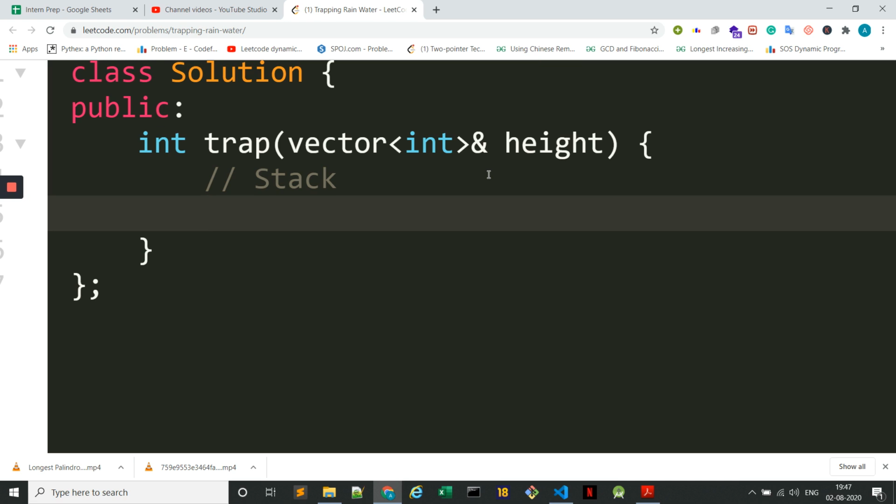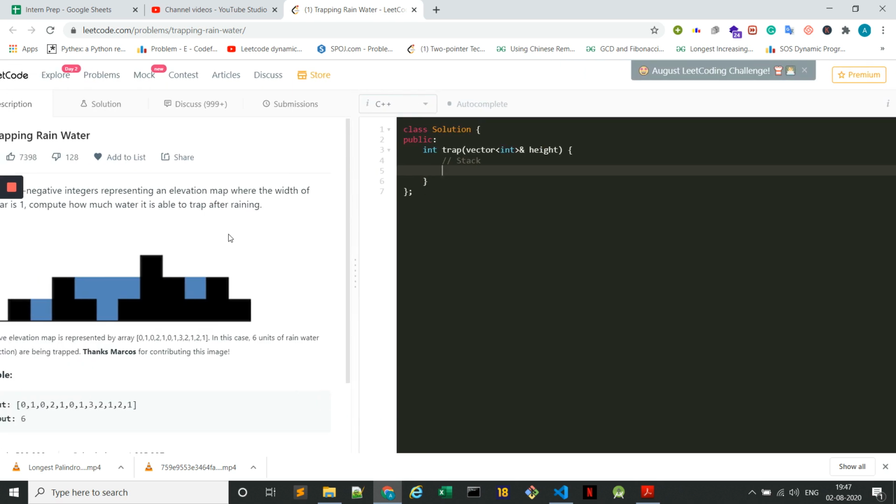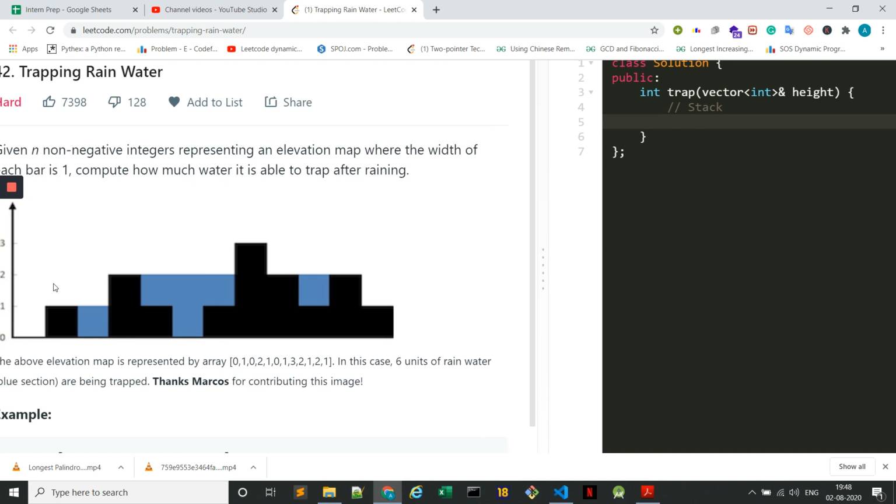So basically, if we are using a stack to solve the problem, then we should keep in mind what exactly is the logic for pushing and popping elements from the stack, right? Let us say the element which is currently at the top of the stack. We will be making one for loop, and let me give you a glimpse of the approach.